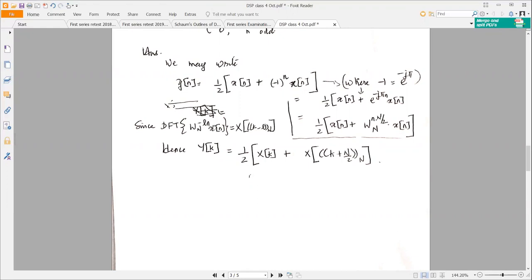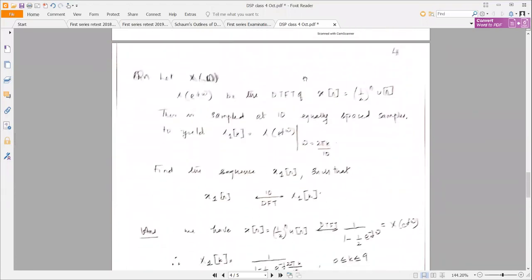So therefore, if you take the DFT throughout, you can write Y of k is equal to 1 by 2 into X of k plus X of k plus N by 2 modulo N.